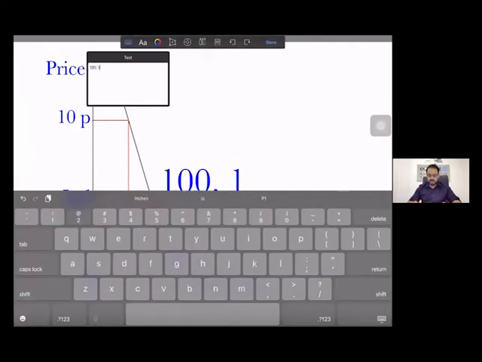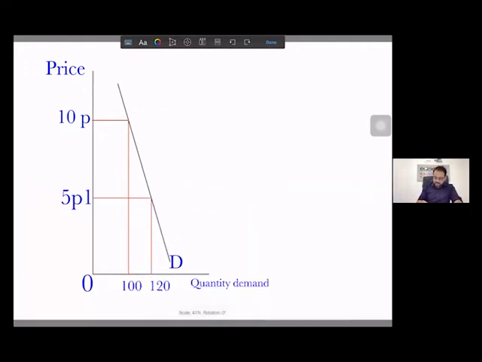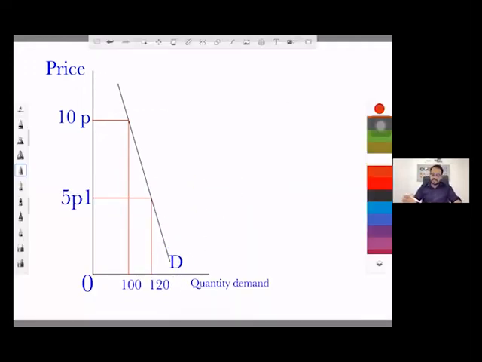Now it's going to be 120. I'm going to show that here, 100 to 120. So you can see here, when you reduce the price, quantity is increasing by a smaller percentage.